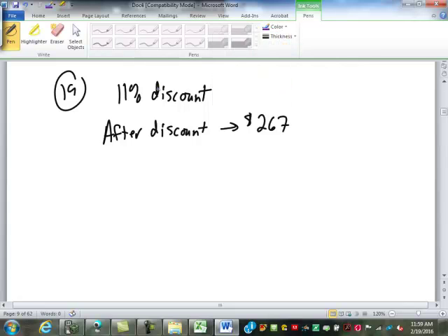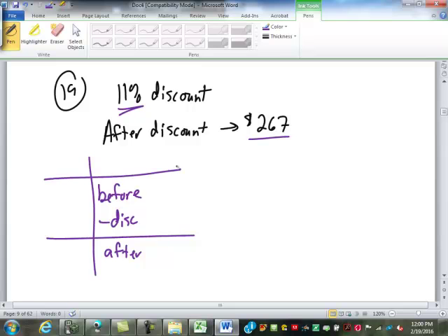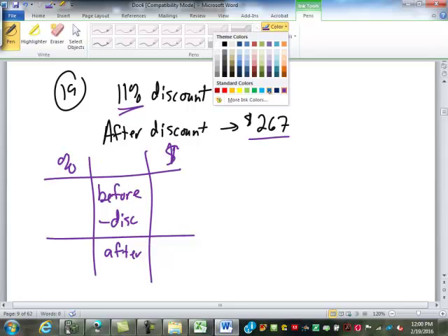Well, a lot of people jumped in here and they found 11% of the $267. Problem is that 11% is not based on the price after the discount. It's based on the price before the discount. So we had our price before, we subtracted the discount to get the price after. We're looking at percents and dollars here.